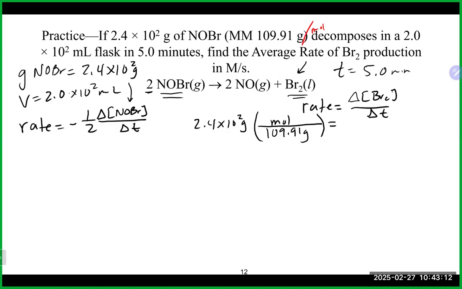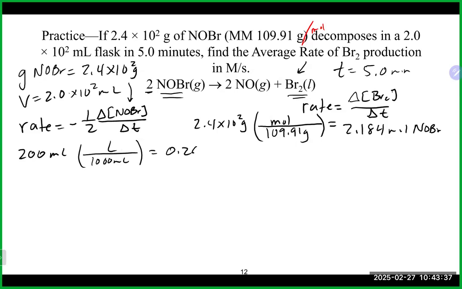That's 2.4 times 10 to the 2 divided by 109.91, which gets us 2.184 moles of NOBr. The 200 milliliters can be converted to liters by dividing by 1,000, which is 0.2 liters in this case. Now we can actually get the molarity.